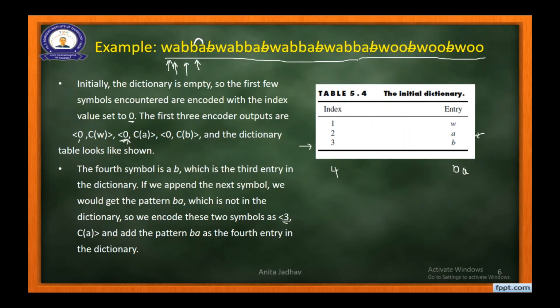The same for B, third entry in the dictionary. Then when I see B, I check whether it is in the dictionary, at which position, and I write 3. Then I see the next letter A. This is new, so I club these two letters and write them as the fourth entry in the dictionary.